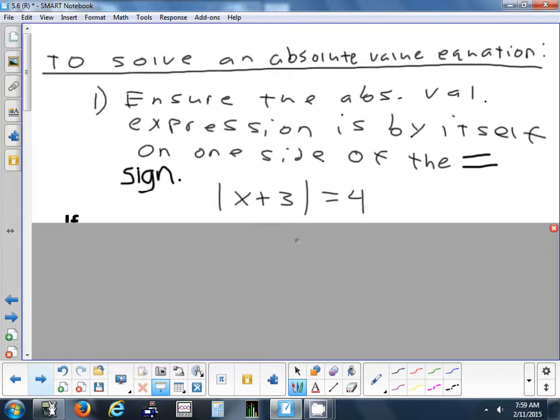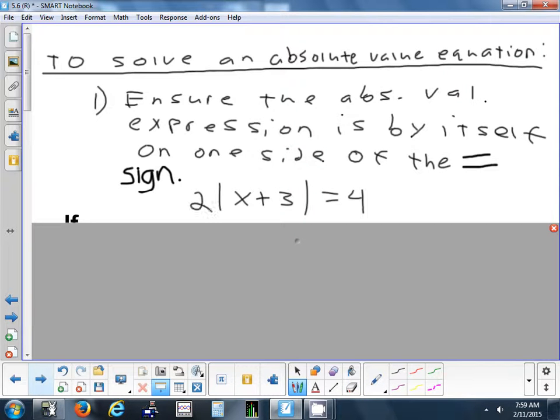Now let's say I did this. Now we don't have the absolute value expression by itself. There is something else besides what's inside the bars on the same side. In this case, we have a +3. You can also have something like this.